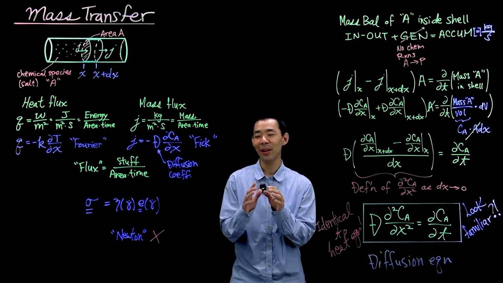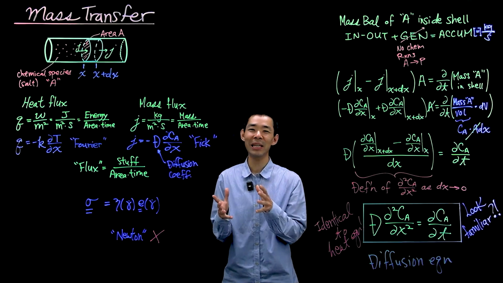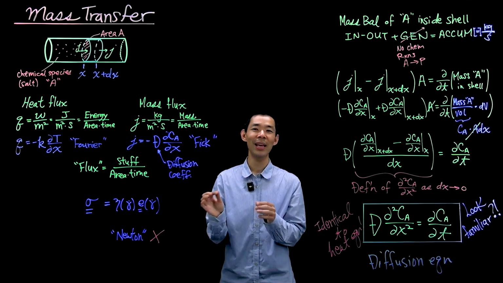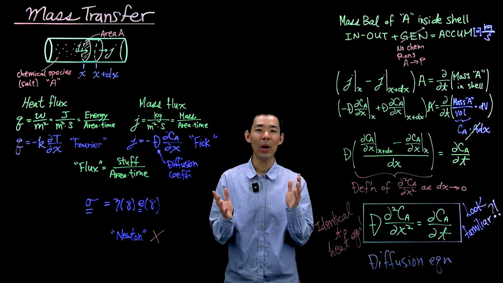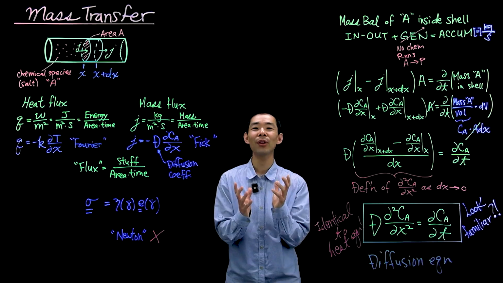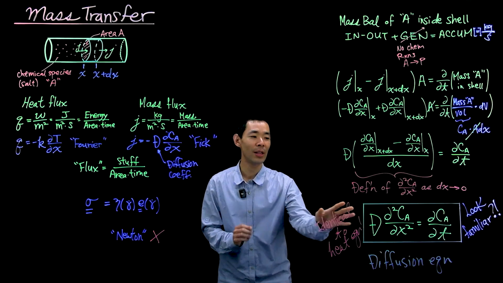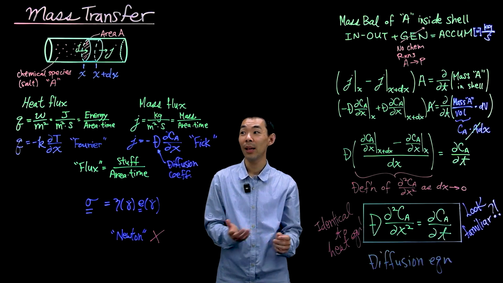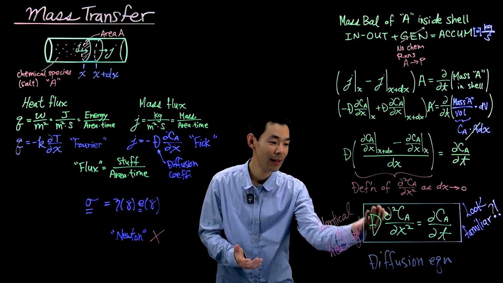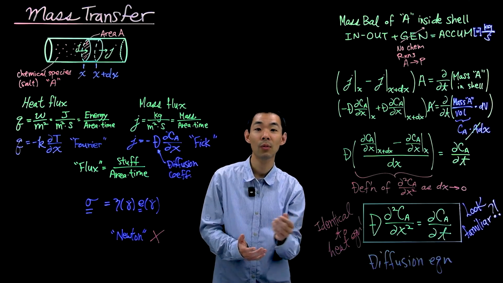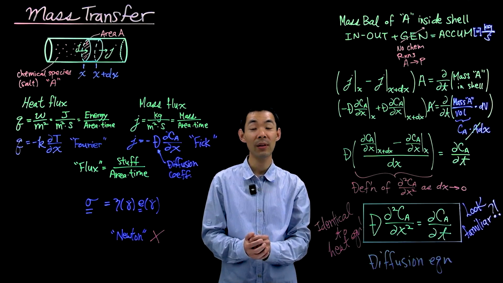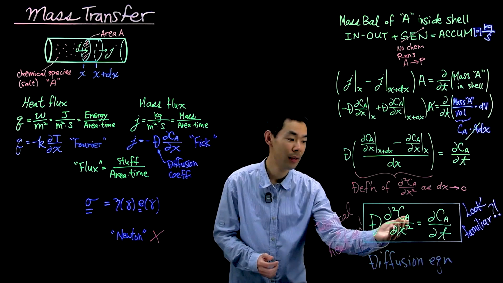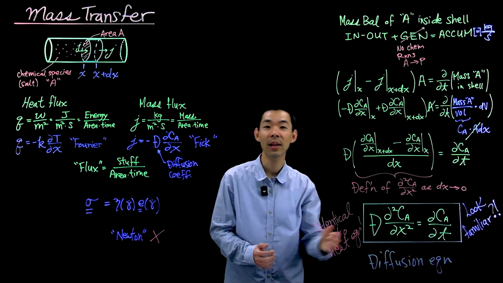The heat equation, on more general terms, isn't limited to energy conservation and heat fluxes. People use, oh, I solved the heat equation, as a generic mathematical terminology to say they solved an equation that looked something like this. And you can see the mapping clearly, because in the heat equation, we had D here swapped with alpha, the thermal diffusivity, with the same units, length squared over time. And then we had temperature instead of concentration.